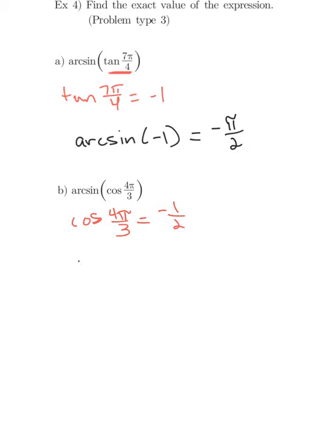And that means our problem becomes the arc sine of -1/2. Now we are going to ask ourselves, in fourth quadrant, because it's negative, what angle has a sine or a y value of -1/2? That happens at -pi over 3.